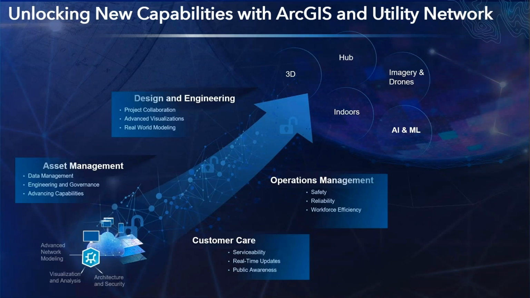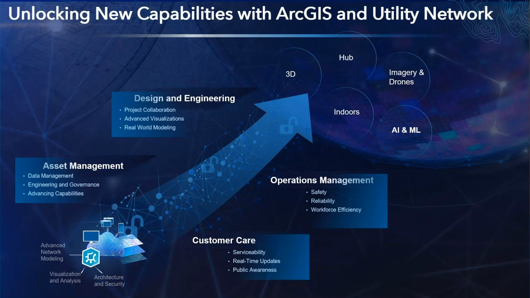With those fundamentals in mind, it's easy to see how the utility network can more fully unlock the capabilities of the ArcGIS platform to deliver further business value in many utility and telecommunications company business areas. This slide highlights 5 of them. 4 are shown as groups with selected workflows indicated by bullet points: design and engineering, asset management, operations management, and customer care.